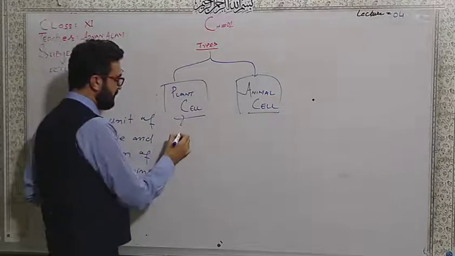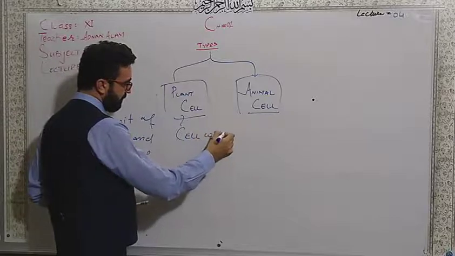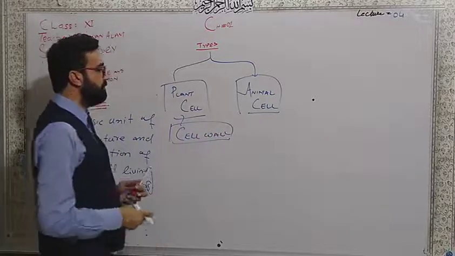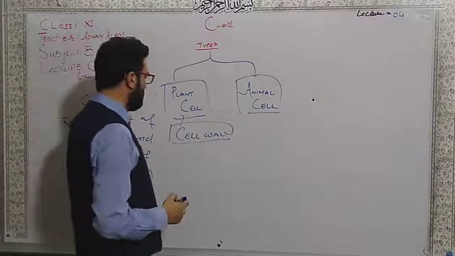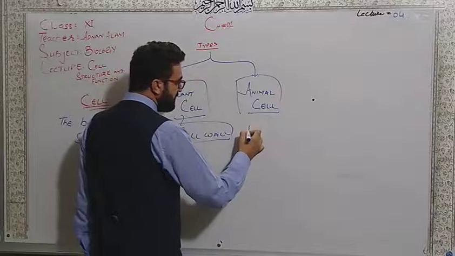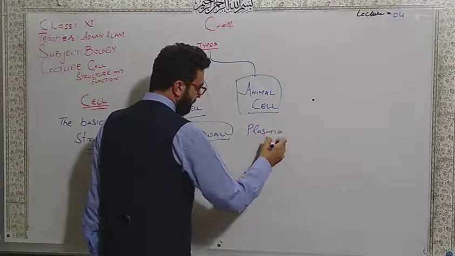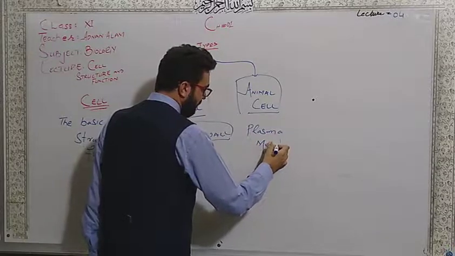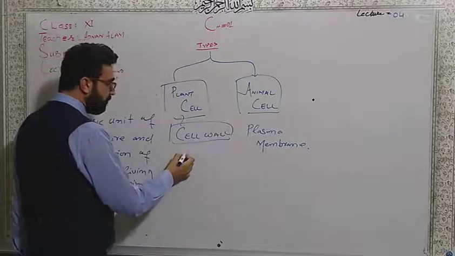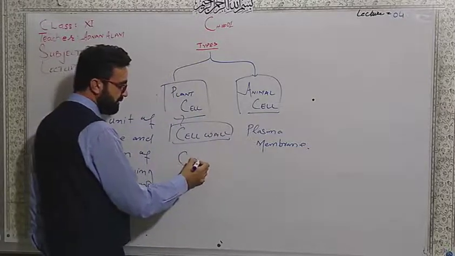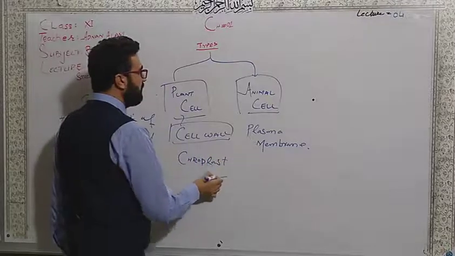Like the plant cell has a cell wall, and the first structure of the cell, which we will explain inshallah in our coming lecture, will be the cell wall. Then the animal cell usually starts from the plasma membrane. The plant cell has chloroplast, which is not present in the animal cell.